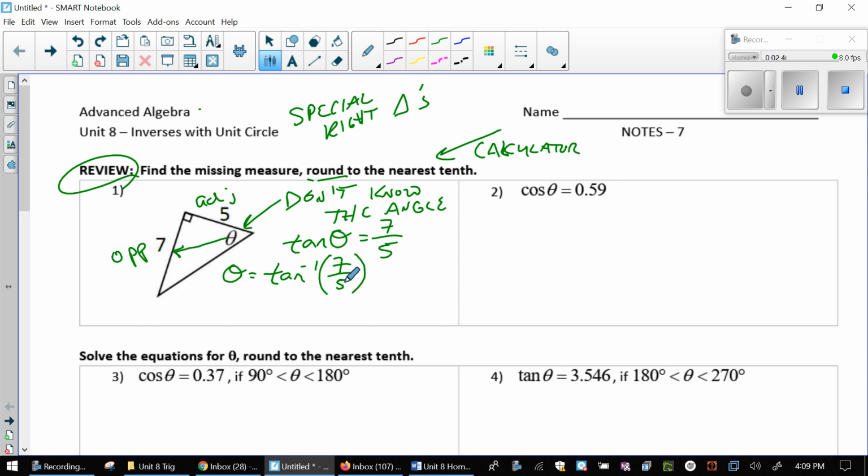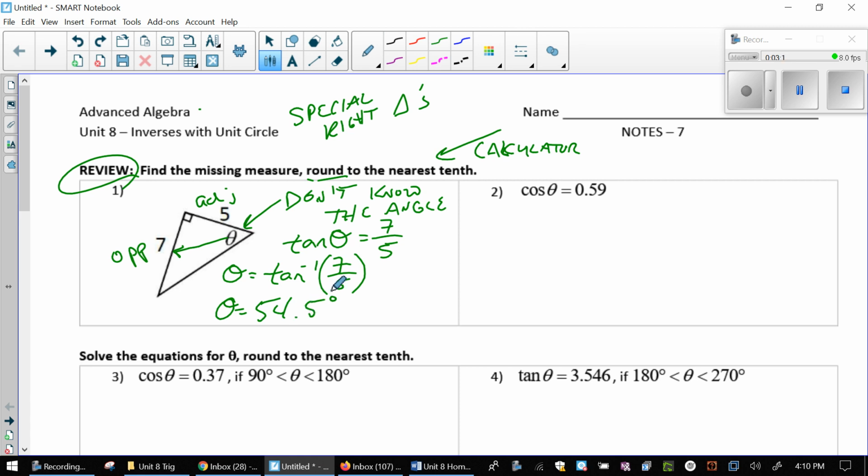Make sure that you are in degree mode. And we get theta equals 54.46. Oh, we want the tenth. Let's go back and round that to the tenth then. 54.5 degrees. There we go.